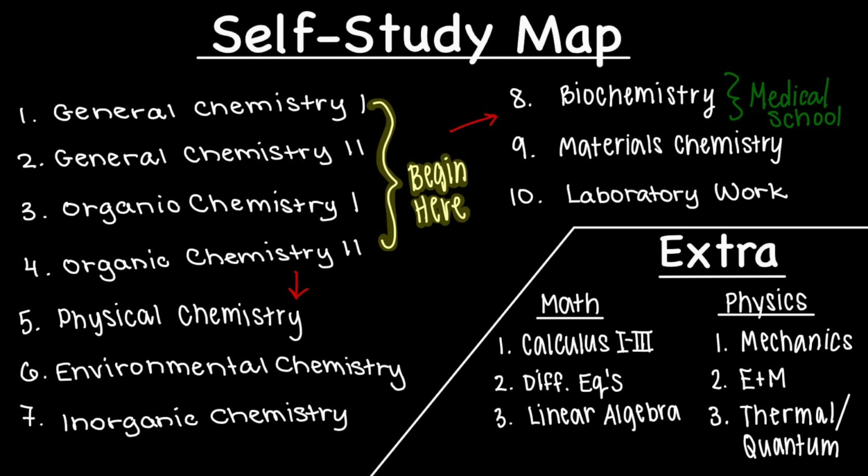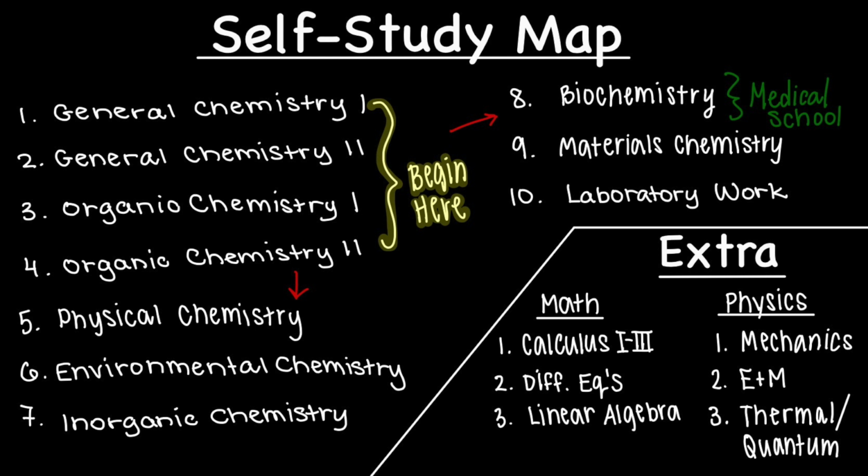You can do 5, 6, 7, 8, or 9 without needing to know each one before taking the next one. So that's kind of where it's important to ask yourself, what are you studying this chemistry for? Are you studying to try to get into medical school? Are you studying to re-enter school and get a PhD or a master's?